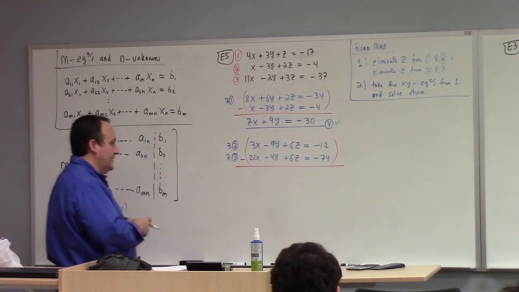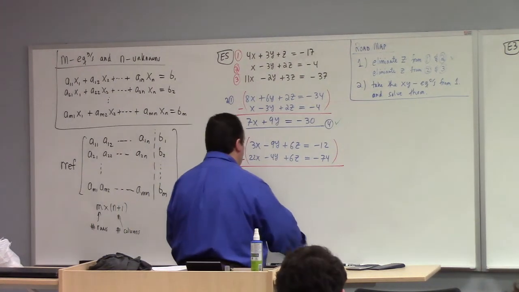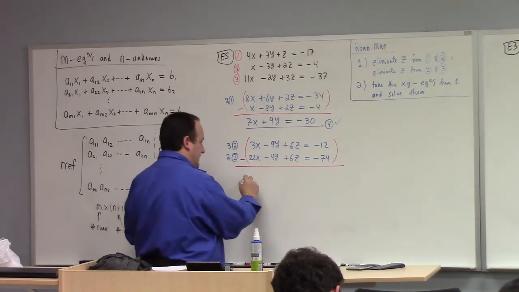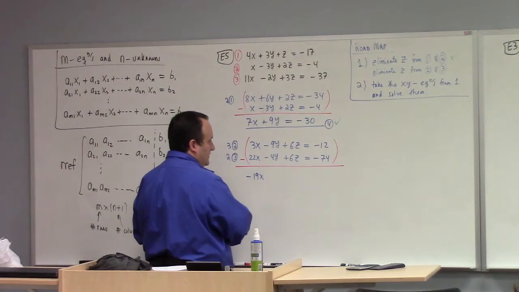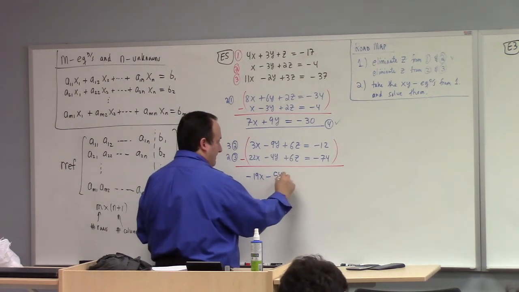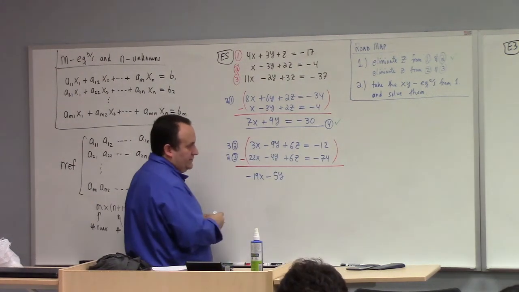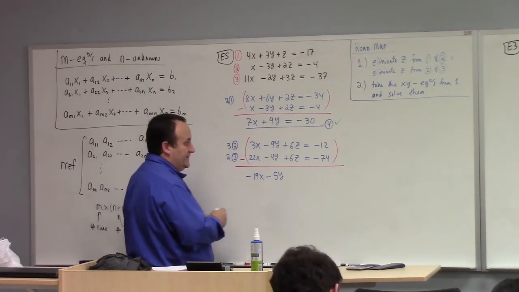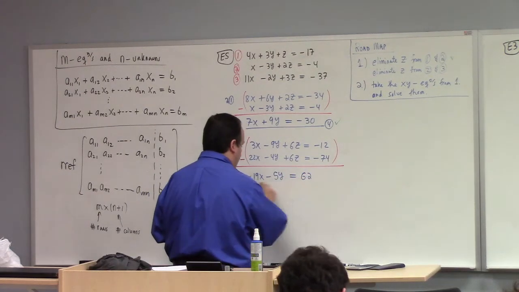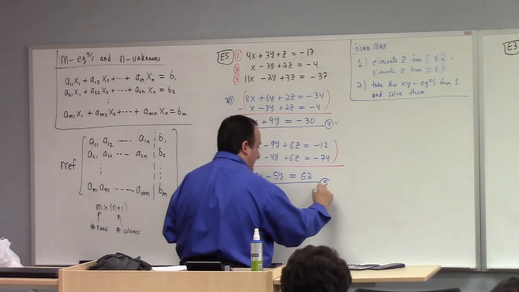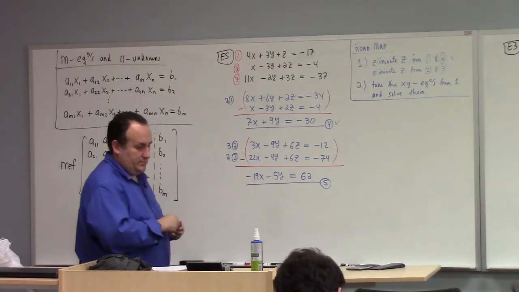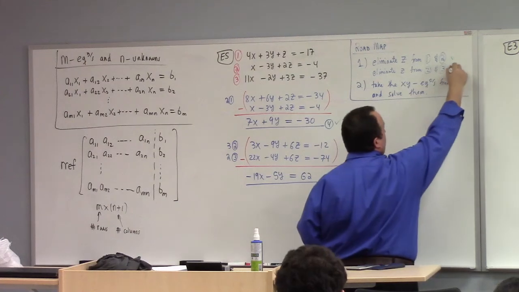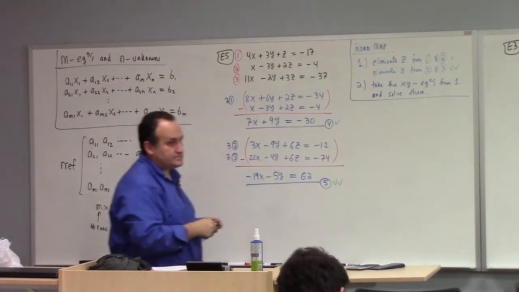What do we get? Minus 19x minus 5y. The z terms cancel. And 74 minus 12 is 62. There you go. Let's call that equation 5. All right, so lo and behold, we just did this part. Now what?